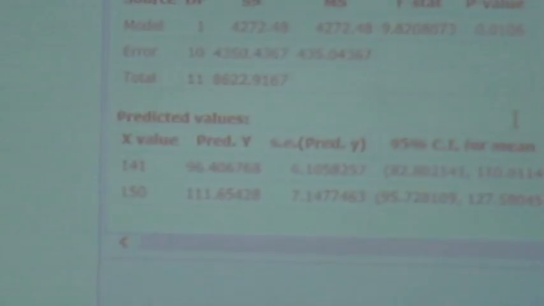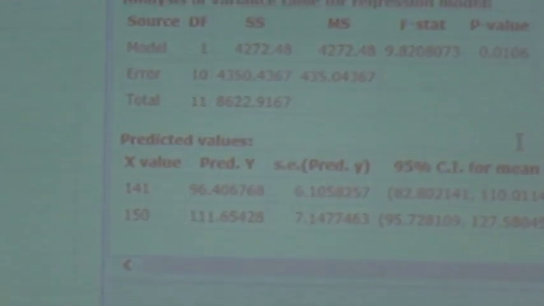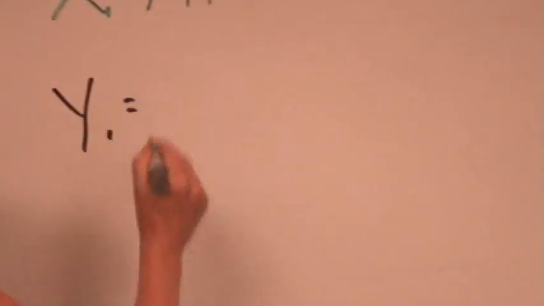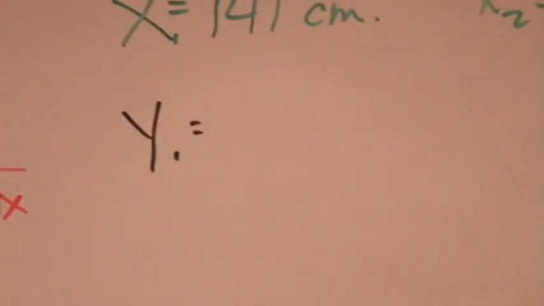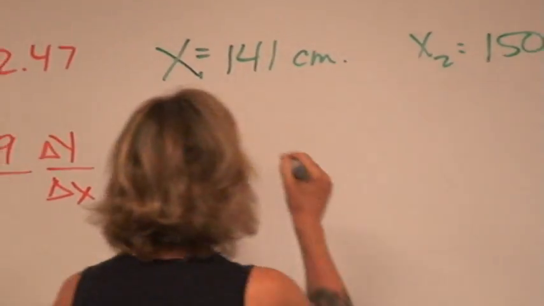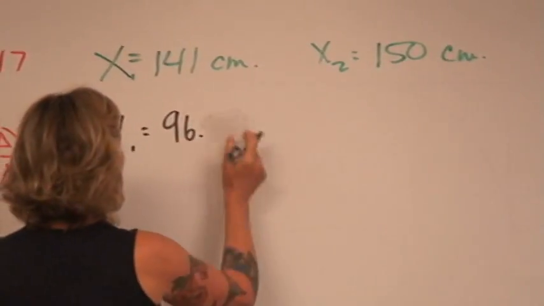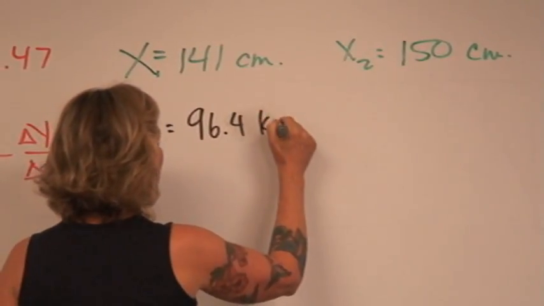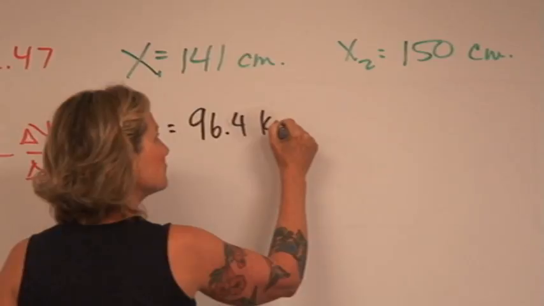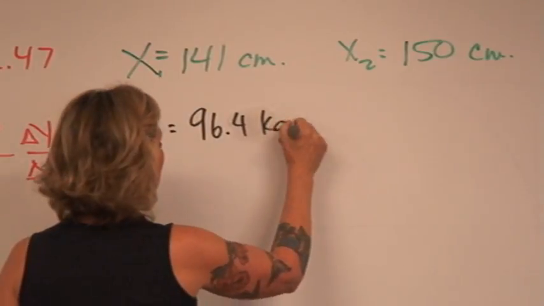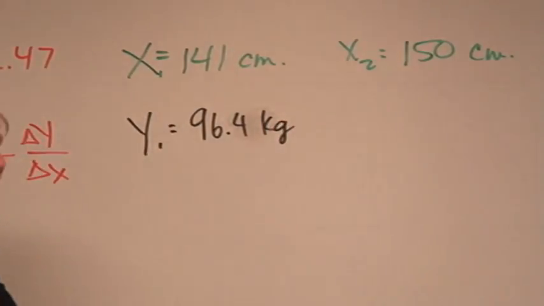96.4. So if a bear is 141 centimeters, we expect their weight to be 96.4 kilograms.